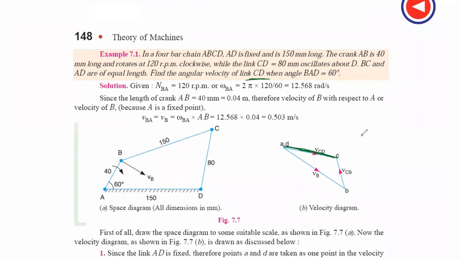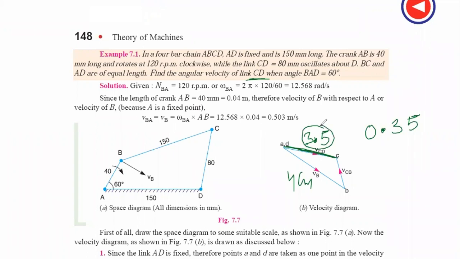Suppose this is 0.5, and suppose this one is coming out to be 0.35 cm, because this is 4 centimeter. We have assumed that it is 4 centimeter. Suppose this is coming out to be 3.5 centimeter. And we will do the rescaling later on.